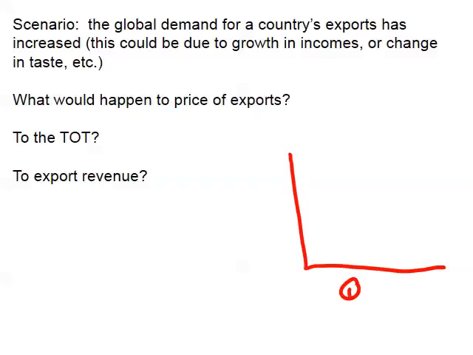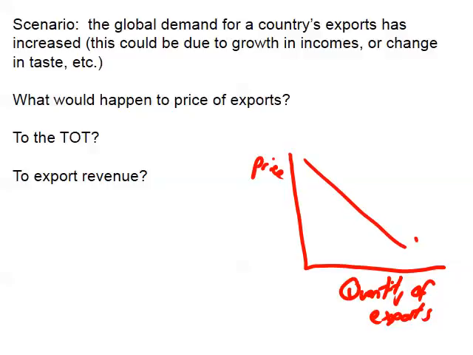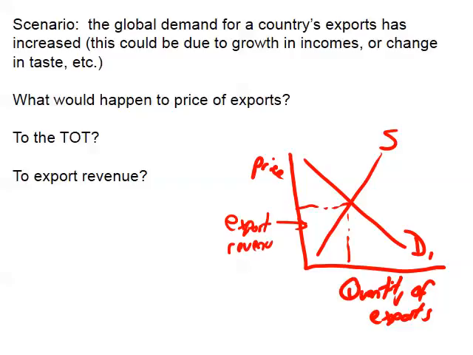And let's say we look at quantity of exports. We'll look at price. Look at demand 1 and S. And if we look at export revenue before the increase in demand.